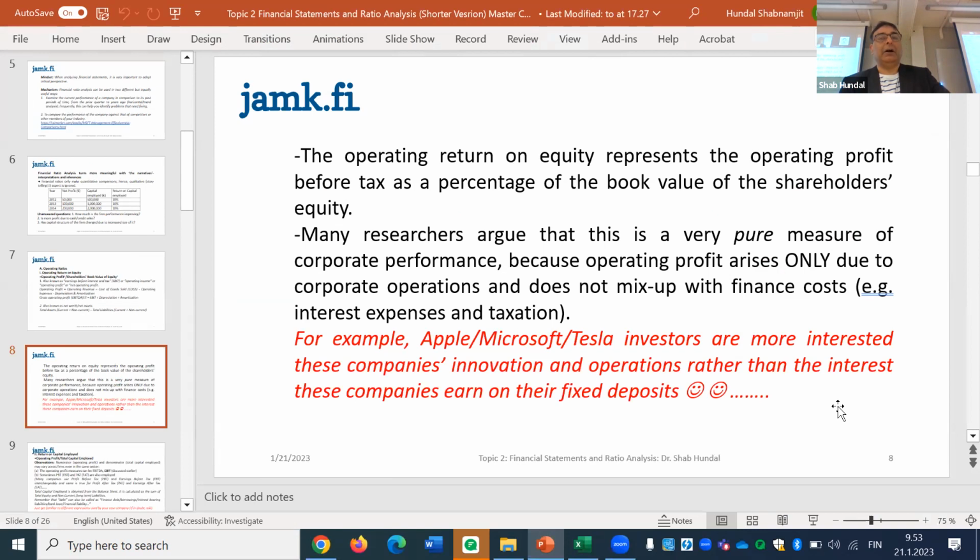All I want to see is how successful their operations have been. The software they launch, the phone they launch, has it been a success? So that is why many people, if they want a very deep down analysis, very specific analysis, prefer operating profit rather than net profit. But of course, net profit has its own relevance.